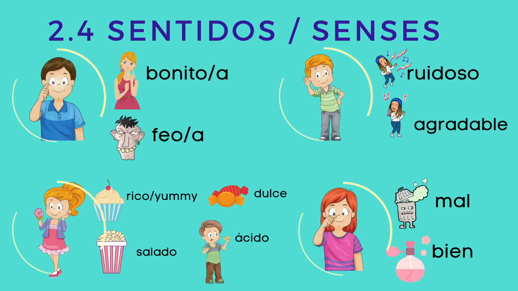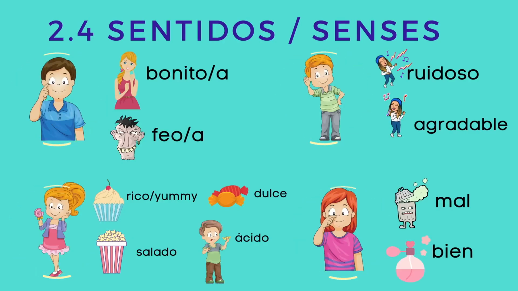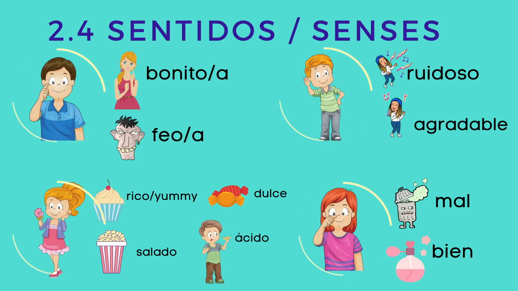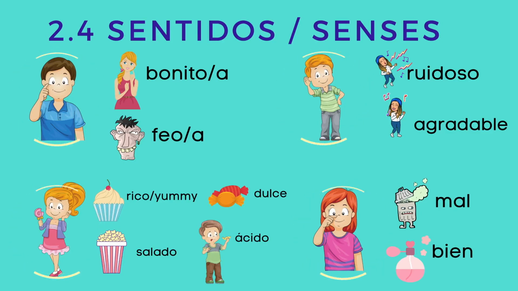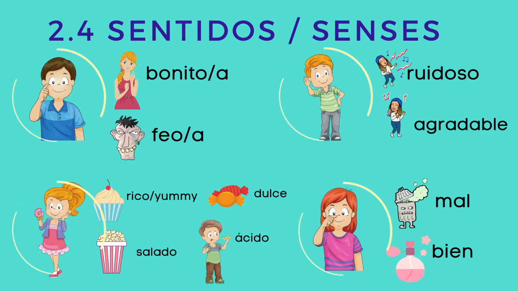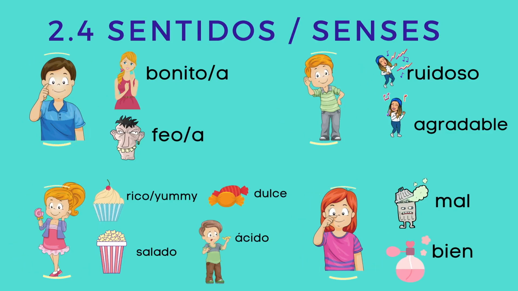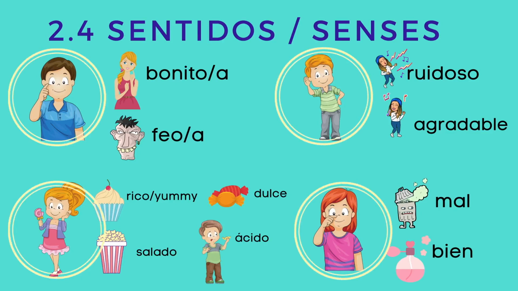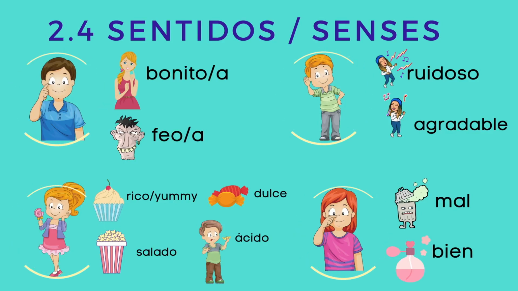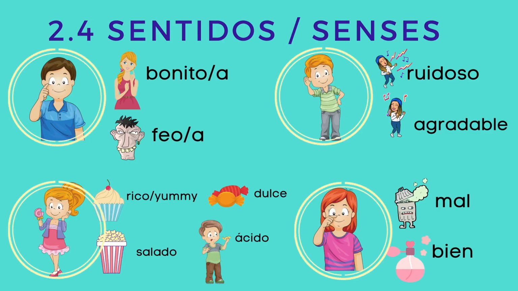Now, what about the senses? When we see something, we use adjectives like bonito o bonita, feo o fea. This is according to what we see. There are many more adjectives, but here we have only 2 examples. Now, what about what we taste? Rico, that means yummy in English. Rico, delicious. Delicioso, delicious.